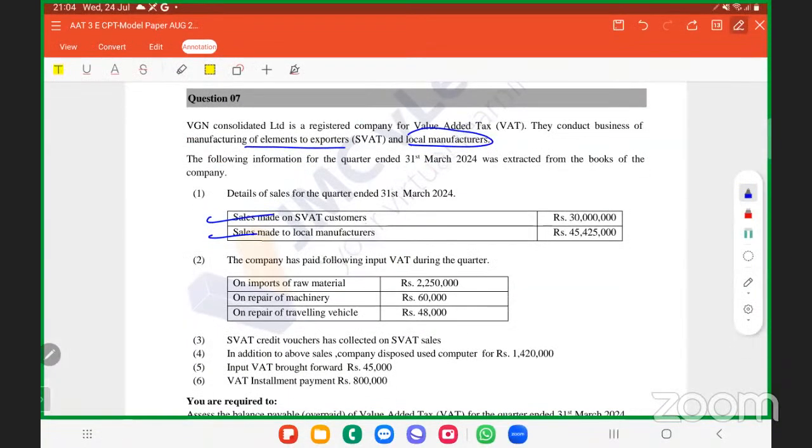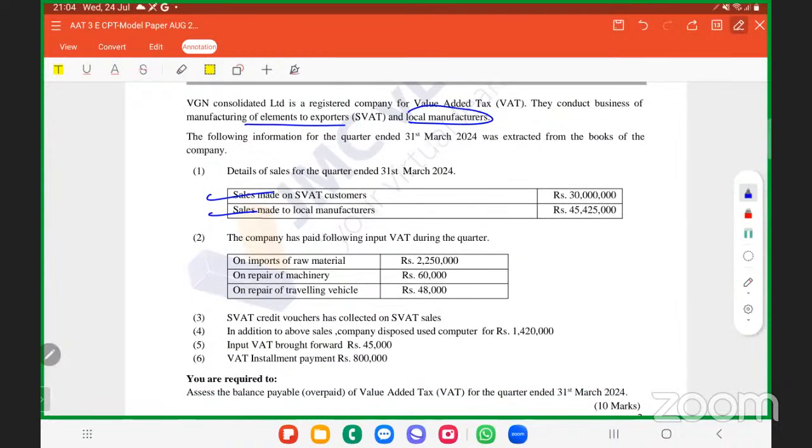Are there any business asset disposals? Yes, there is a disposal. In addition to the above sales, the company disposed of a used computer, which was used for the business. If you dispose of any business asset, you need to calculate the VAT on that.